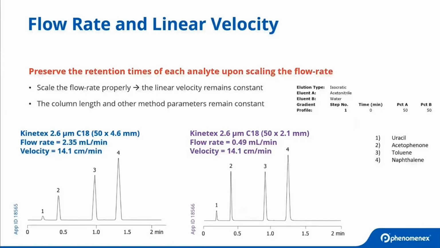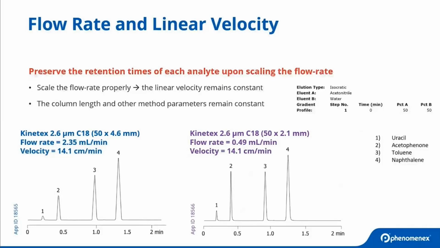That flow rate, 2.35, should strike you as a little odd for a 4.6 millimeter ID column. And it is odd. And what we actually see are some broad peaks when we compare it with the 2.1 millimeter ID. So what is happening here is that with the wider ID, we see an opportunity for a more distended laminar flow to occur.